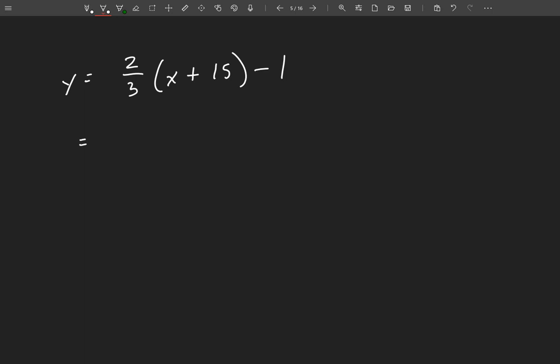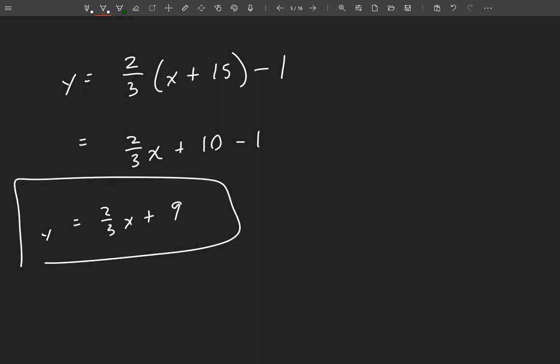So we're going to distribute again. So 2/3 x. 2/3 times 15. Well, I'm taking 15 and really dividing it by 3, which is 5. And then 5 times 2, which is 10. That gives me that. So now I have y equals 2/3 x plus 9. Piece of cake.